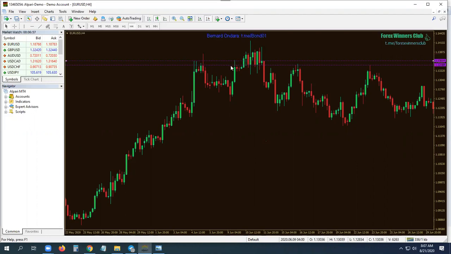So it looks like a very nice resistance. And here you go. You see the market coming back and closing above that level, and you buy. What happens? The market doesn't move far. It dives back down and you lose your trade.